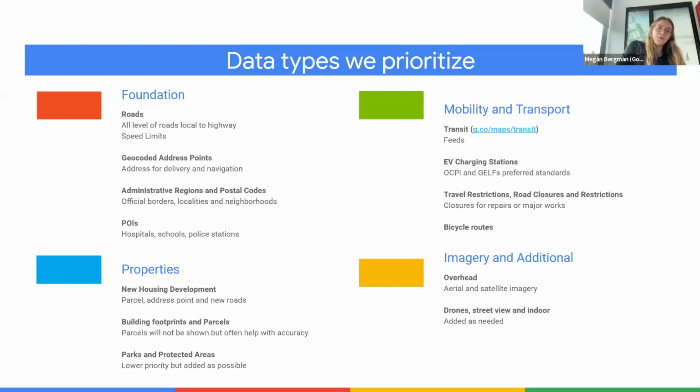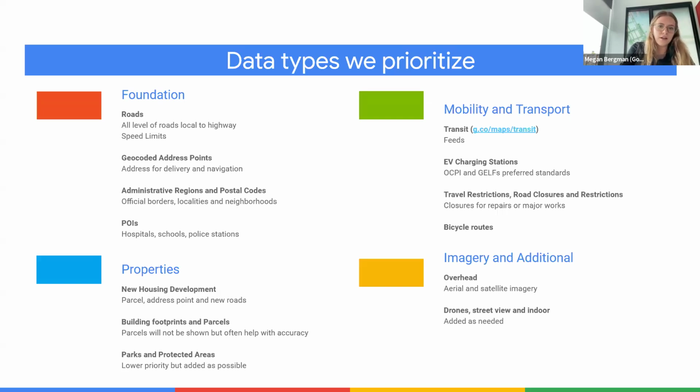When it comes to mobility and transportation, transit, you can go visit the transit portal in order to share transit data. Things like subway station outlines is something that we can process through Google Maps content partners, but I would recommend most transit data should go directly to that transit team. For EV charging stations, this is another type of data that we have historically taken through the Google Maps content partners.